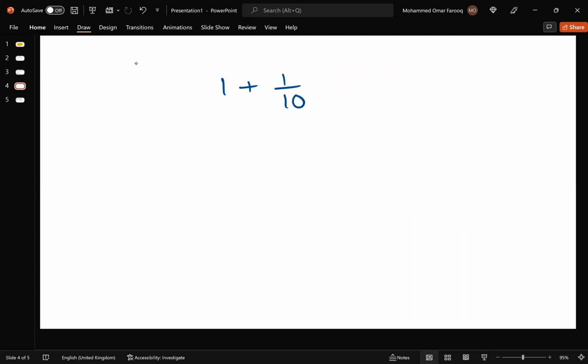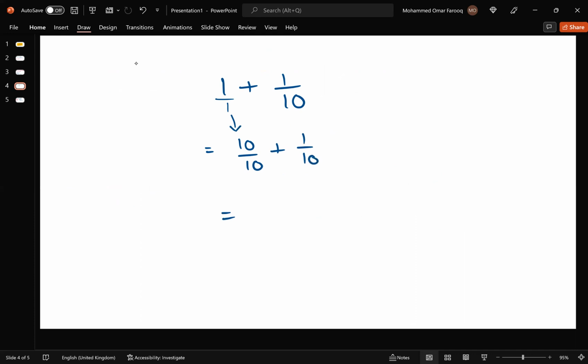When we are adding fractions, we have to take the LCM. What is the denominator here? 1. So in order to make them like fractions, can we write 1 as 10 by 10? This one plus 1 by 10.